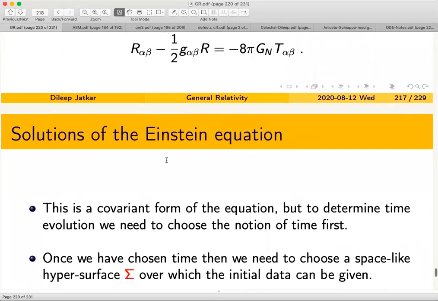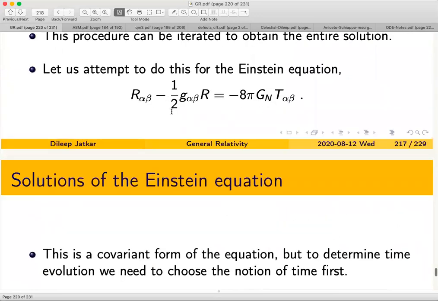What is the initial data? Now remember, this equation contains two derivatives of the metric, both in R alpha beta as well as in R. And you know that if you are solving a second order differential equation, then you need to give two initial conditions. In this particular case we will give the value of g alpha beta and the time derivative of g alpha beta.